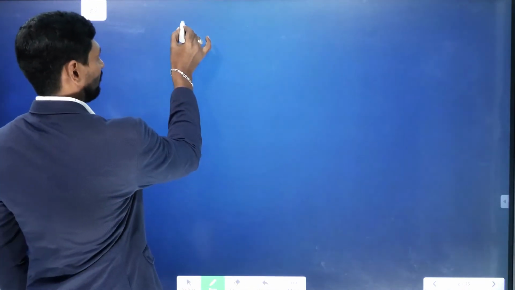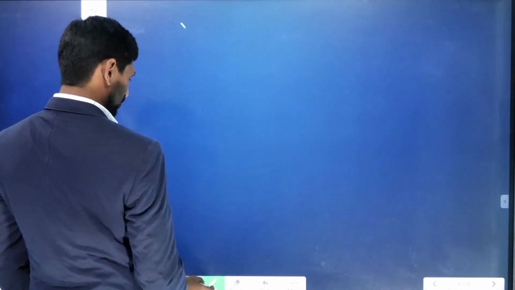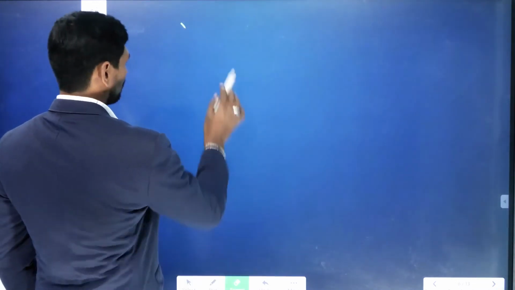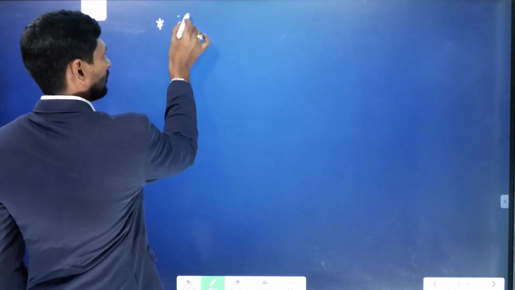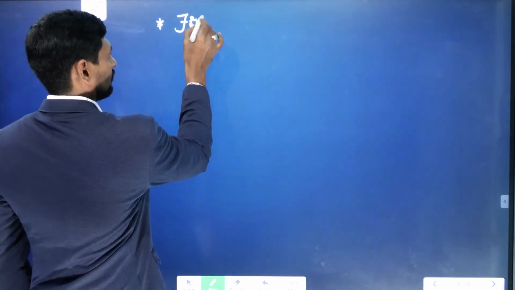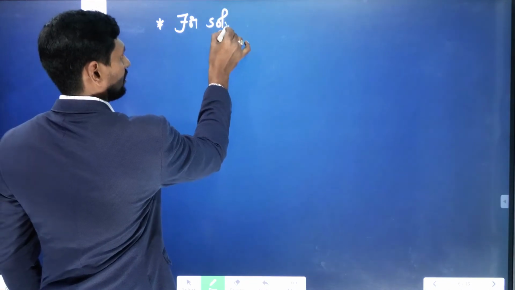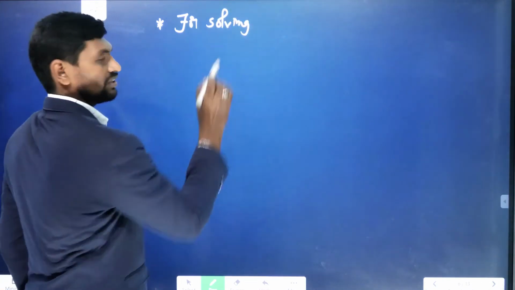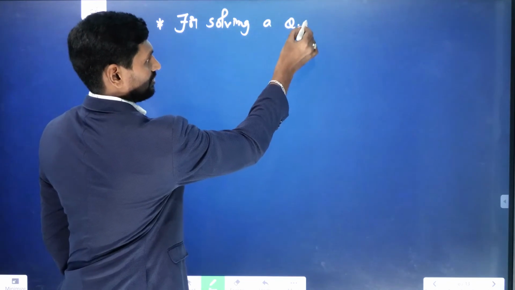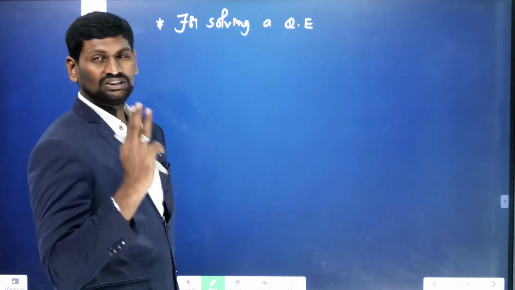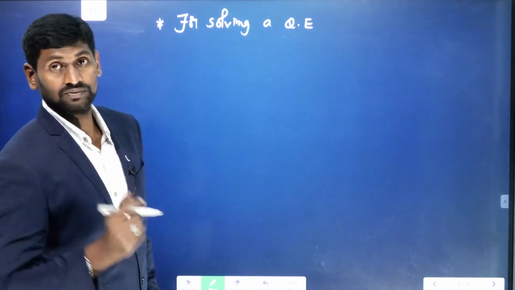Mainly for solving a quadratic equation, we have three different methods.